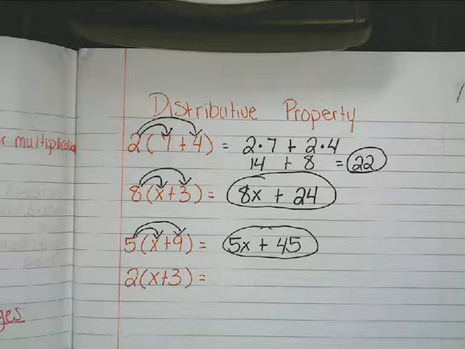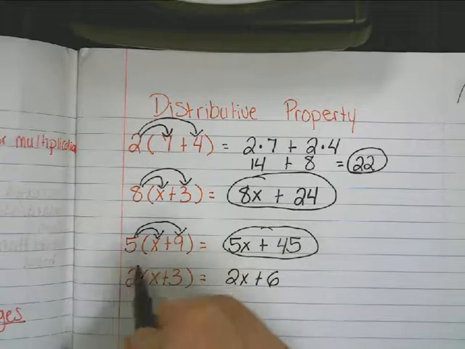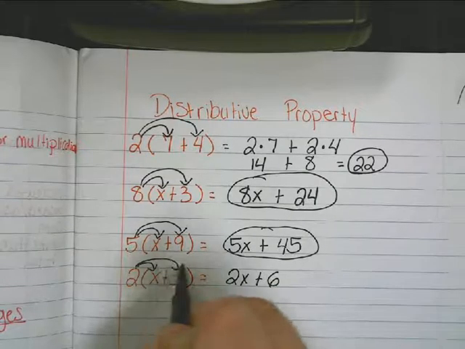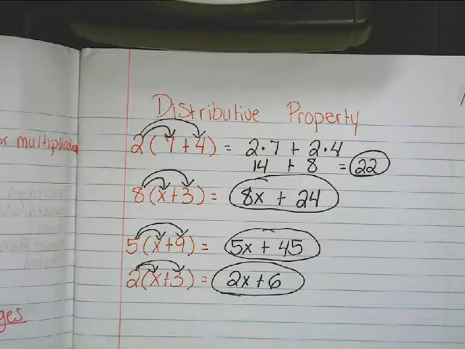Nobody agreed with their partner's answer? Ryan and Terrence, do you guys agree? What'd you guys get? 2x plus 6. That should be your answer. How many of you got that? Stand up if you got it. I got it the second time.